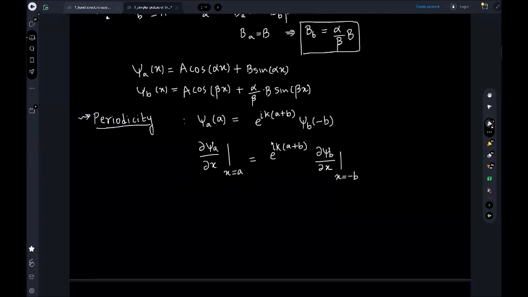This k is actually the wave vector, and since we defined A plus B to be A naught, I'm just going to use A naught from now onwards instead of writing A plus B every time.